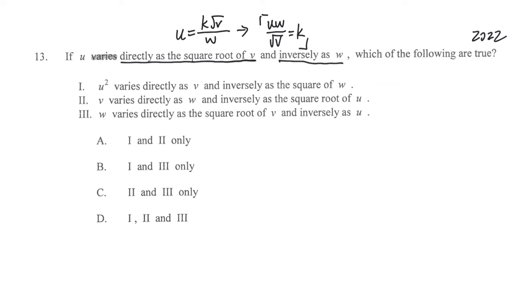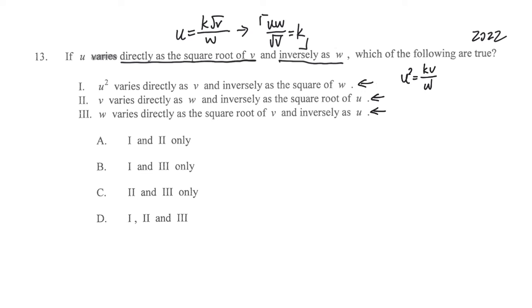So in this case, we make such equations for all three options, and see if they match the question. First one: u squared equals k, directly as v, inversely as the square root of w.